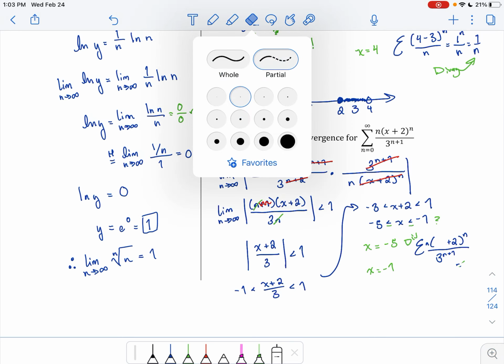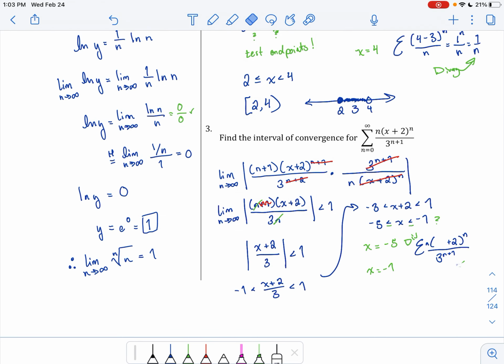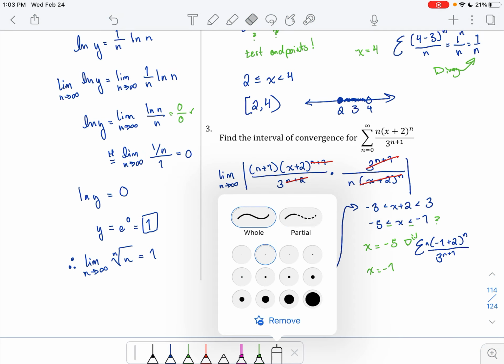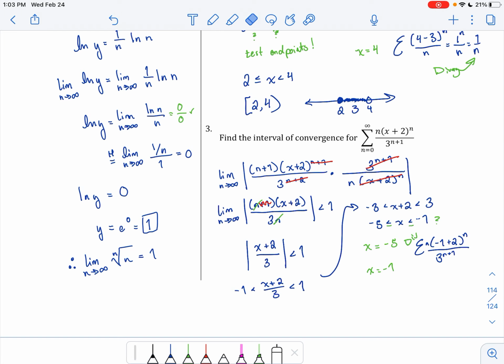Well, when you plug in 1 here to our x value, I dropped a term. So 1 plus 2 is 3. So this is 3 here. I'm sure there's several people who have been annoyed at my screen for several minutes.